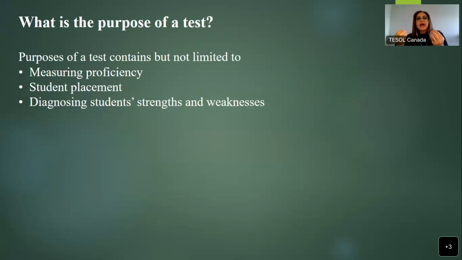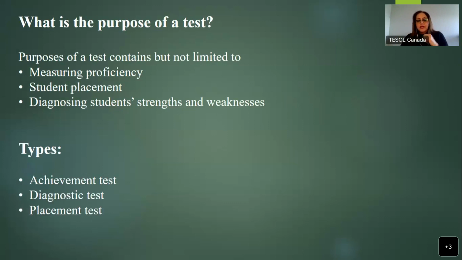It means how well they learn. It's like an achievement test, how well they learn the subjects and the material, and how well they can use that material, how active the knowledge is for the students. So you can understand the strength and weakness. So we call it diagnostic test.